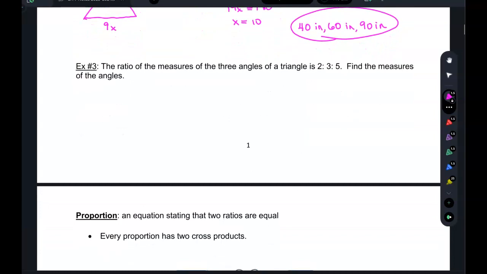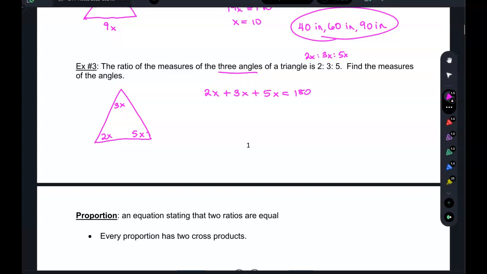Okay, the next one: the ratio of the three angles is 2 to 3 to 5. Find the measures of the angles. We're going to do something similar. We're going to make a common factor of x. Now this time we're referring to the angles, so we have a 2x, a 3x, and a 5x. These go inside, and we know three angles always have to add up to 180.